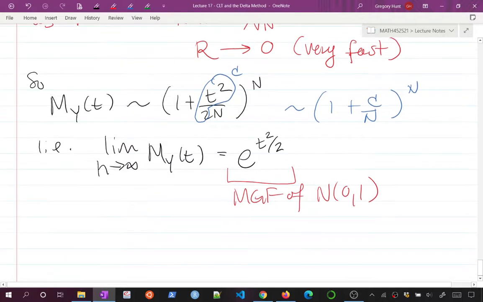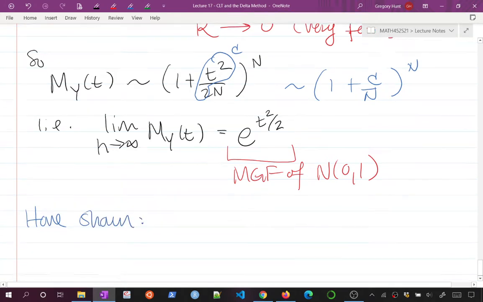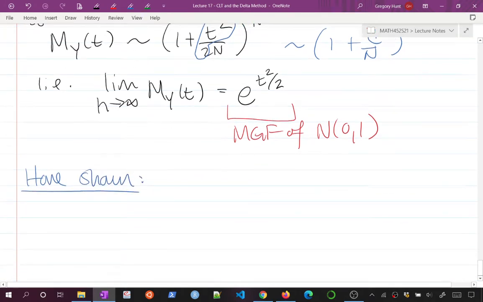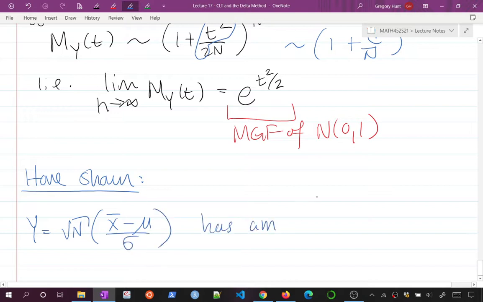And so what we have shown is that Y, which is root n times (x bar minus mu) over sigma, has an MGF that converges as n gets really large to the MGF of a normal 0, 1.